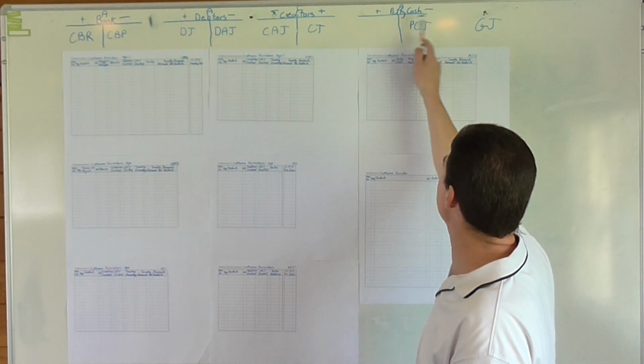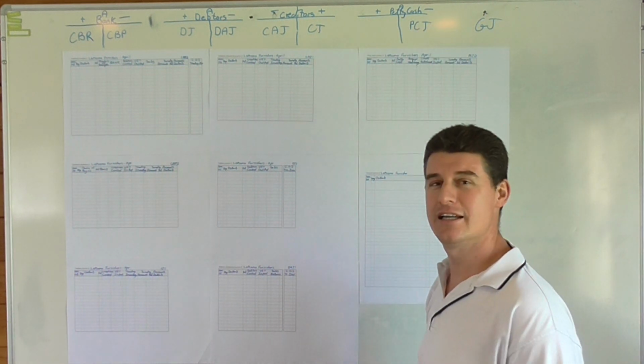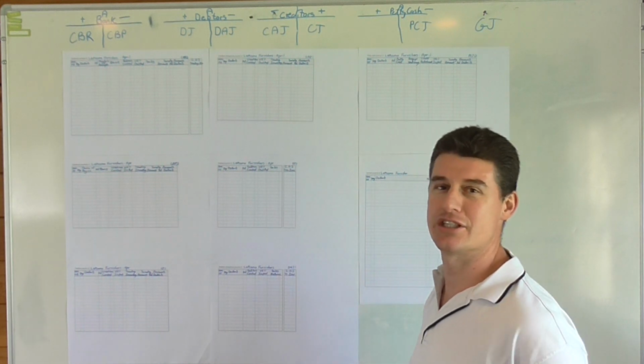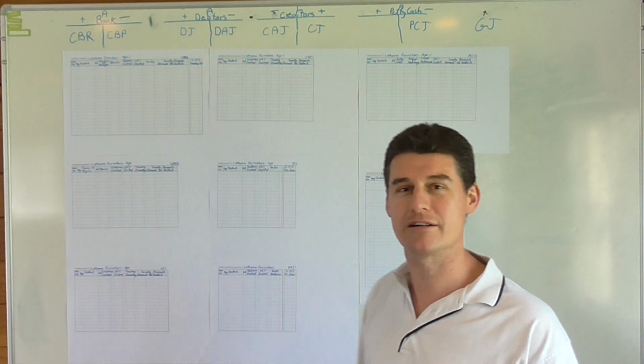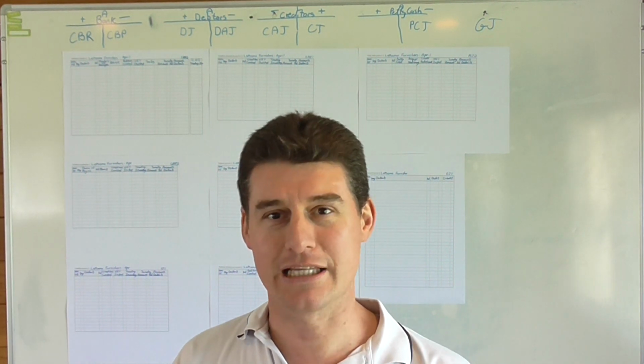And then the petty cash, whatever decreases your petty cash, your credit side, goes into your petty cash journal, and anything else goes into the general journal. Now there are some exceptions to the rule, but we will handle them as we go along.